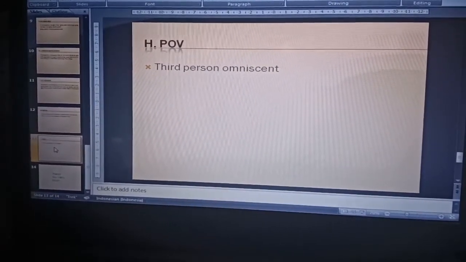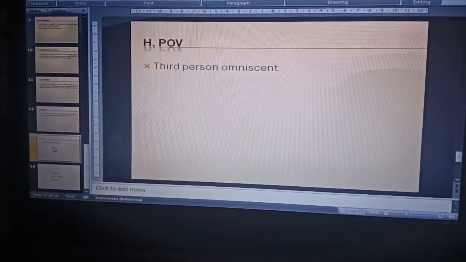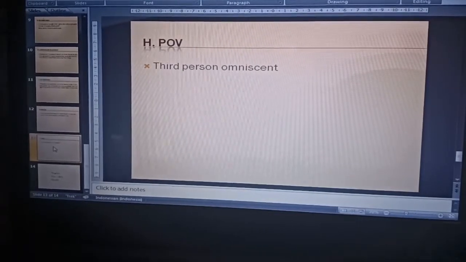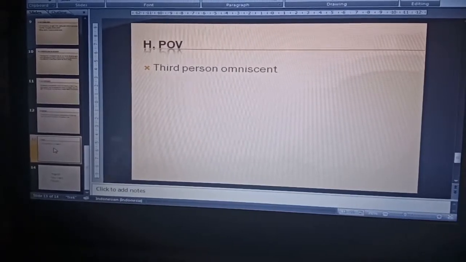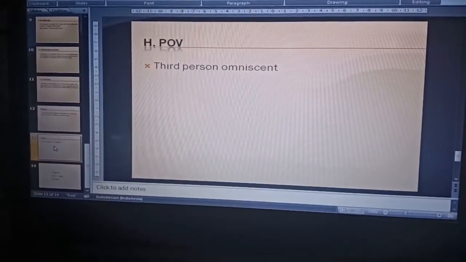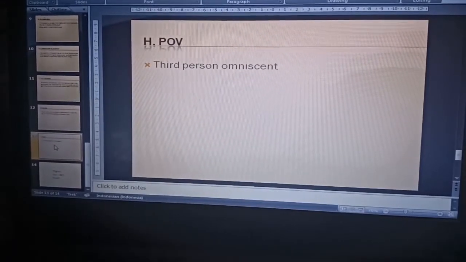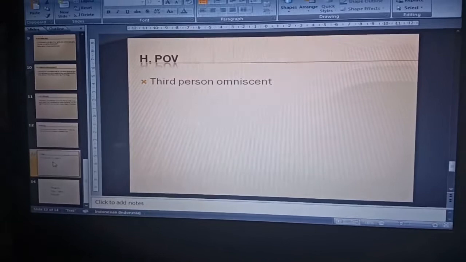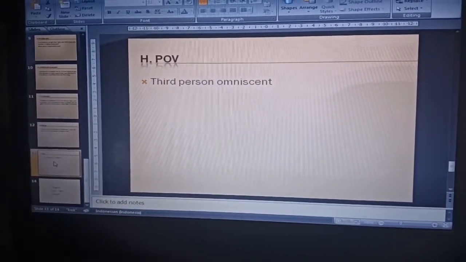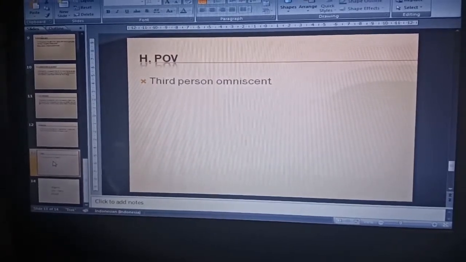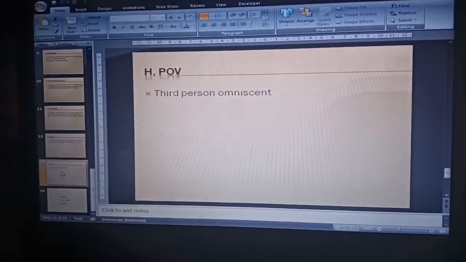The narrator knows all of them, but in the beginning of the story, until the husband comes to show the present to Della, the narrator only focuses on the struggle of Della to get the present, but the narrator doesn't focus on the husband.